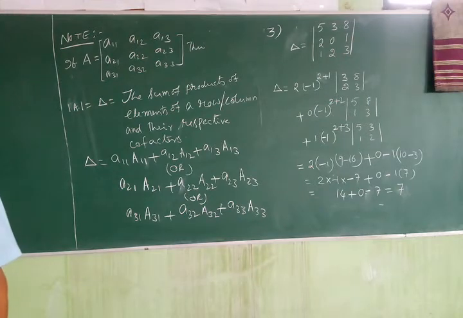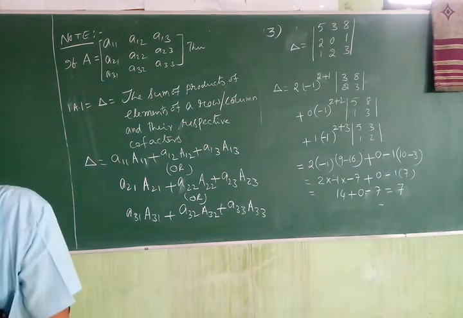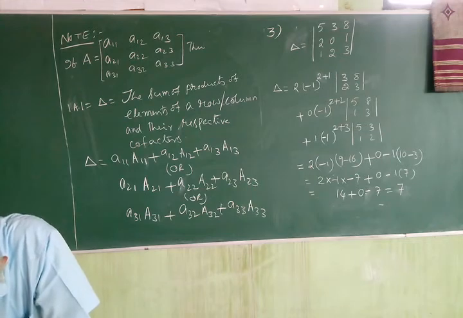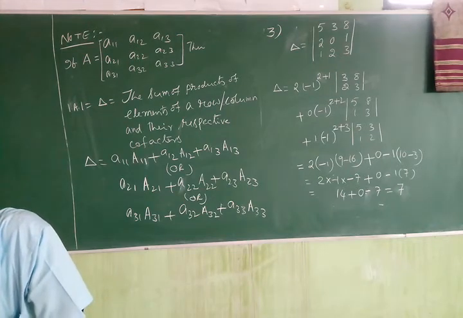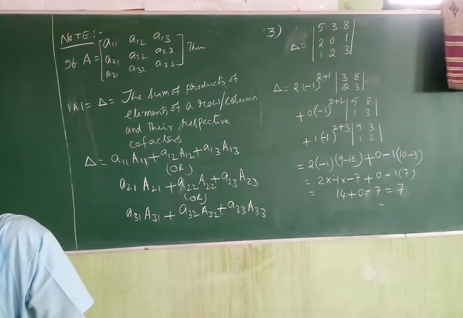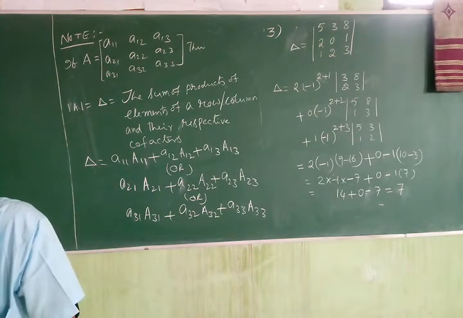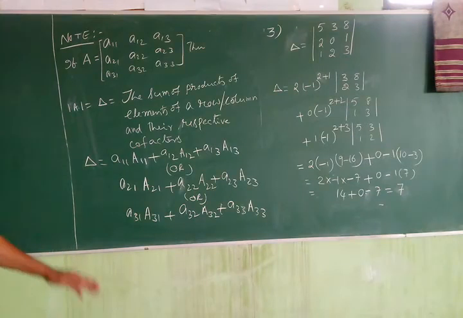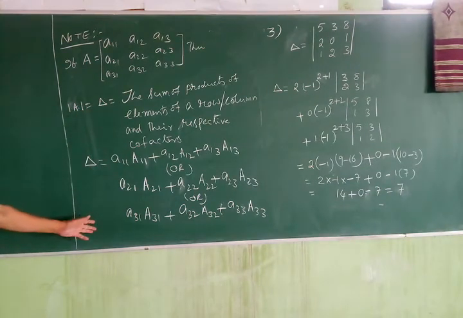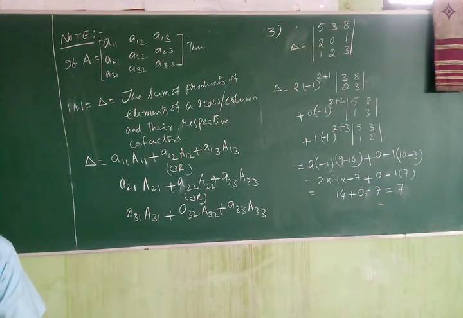See, problem number 5, if delta is equal to so much and Aij is the cofactor of small aij, then the value of delta is given by, already I wrote. See, whichever suits, that is the answer. Which suits? You observe that.